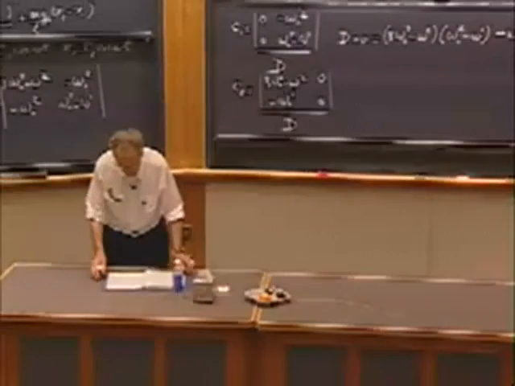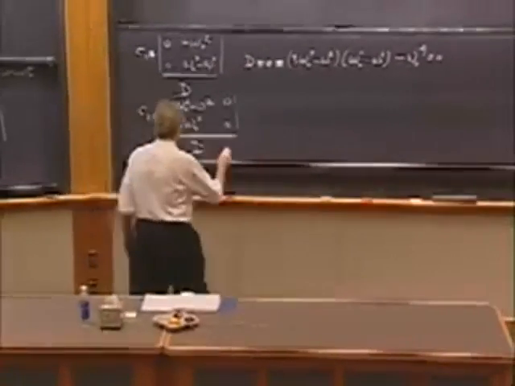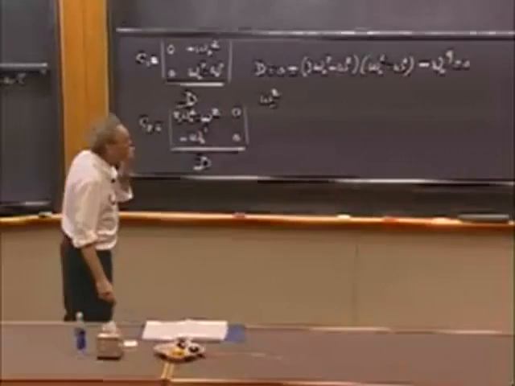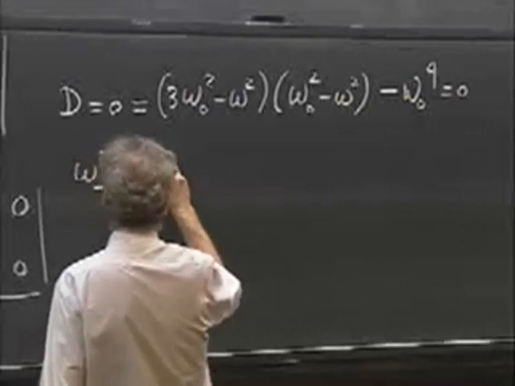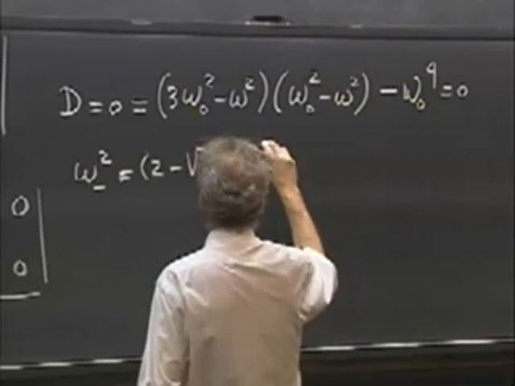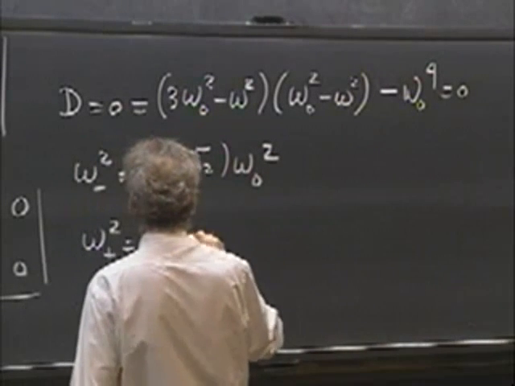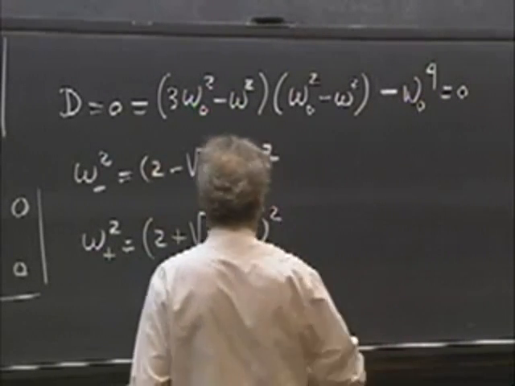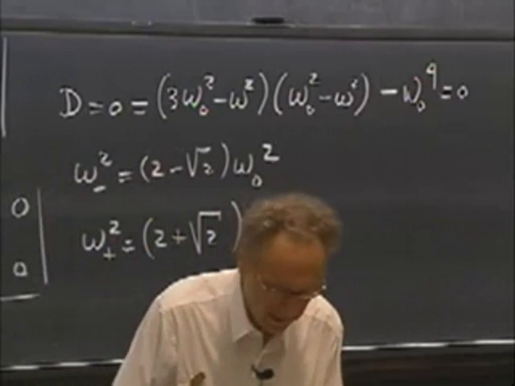This is utterly trivial. And out comes then that omega minus squared, which is the lowest of the two frequencies, is 2 minus the square root of 2 times omega 0 squared. And omega plus squared is 2 plus the square root of 2 times omega 0 squared. So this step will take you no more than maybe half a minute.